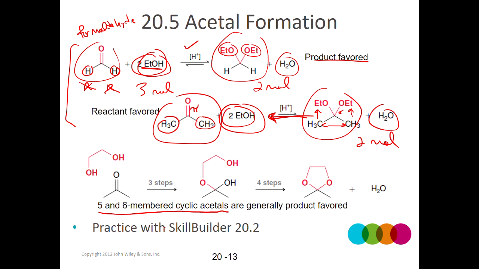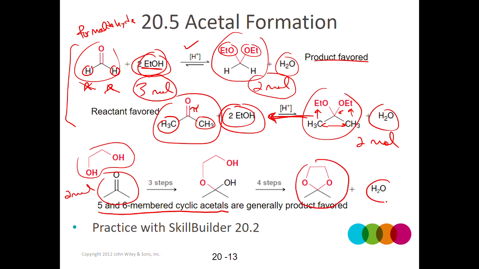If we look at the equilibrium here, there's a key difference. Instead of starting with 3 moles of reactants and making 2 moles of products, we're starting with 2 moles of reactants and making 2 moles of products. So here, for cyclic acetals specifically, delta S is going to be close to 0.